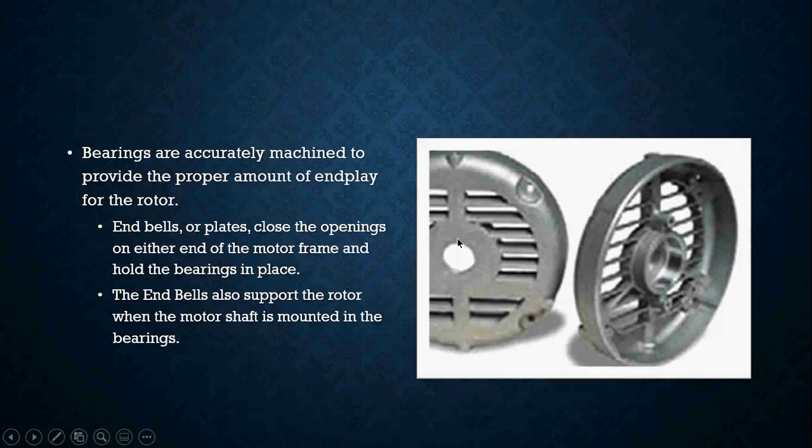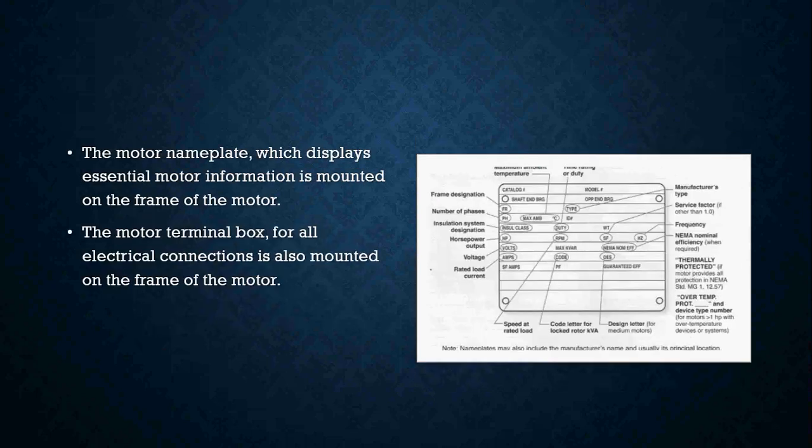And that is what gives the rotor the support it needs so that it's not grinding up against anything and it has a smooth operation. The motor nameplate, which displays all the essential motor information, is mounted on the frame of the motor, as well as your motor terminal box, where all of your electrical connections are also mounted.